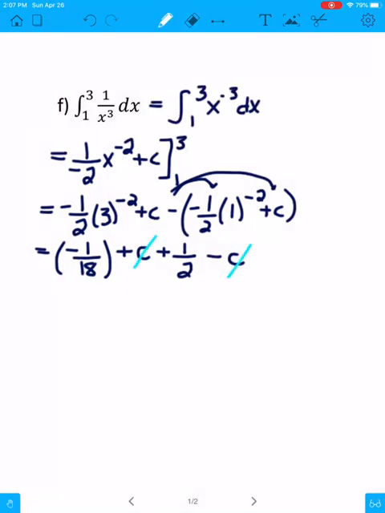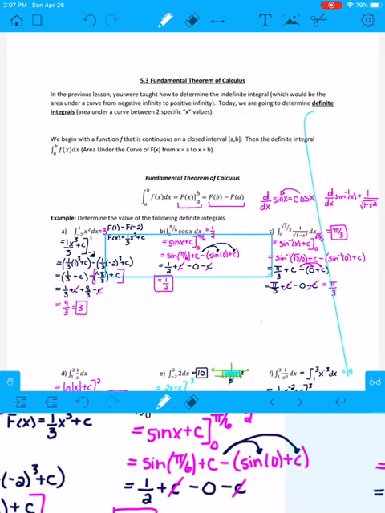The c's cancel, and you get negative 1 over 18 plus 9 over 18, because we have to get a common denominator, put them together. So we get 8 over 18, which reduces to 4 over 9.